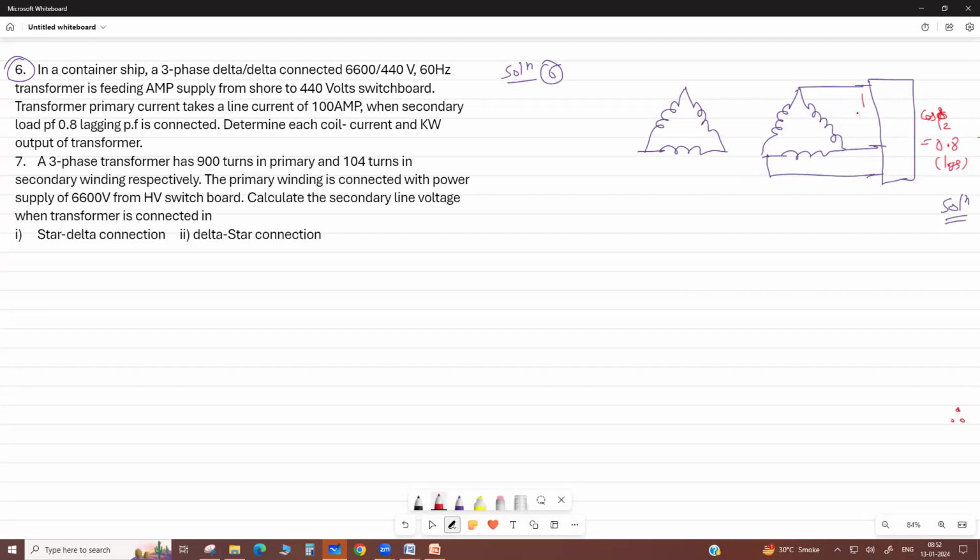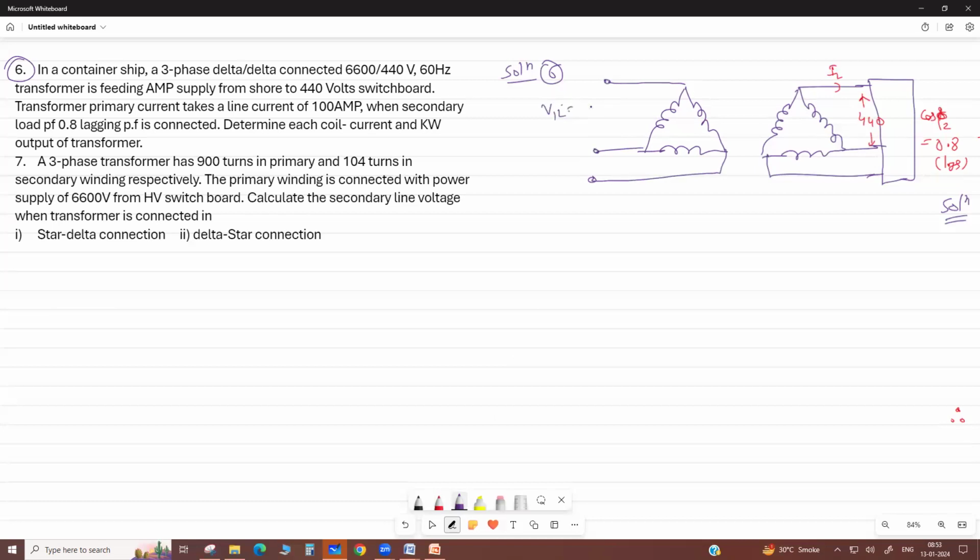And here voltage is 440 volt, V2. Then I2 we calculate, line. But on the primary side, voltage is given, line voltage है.